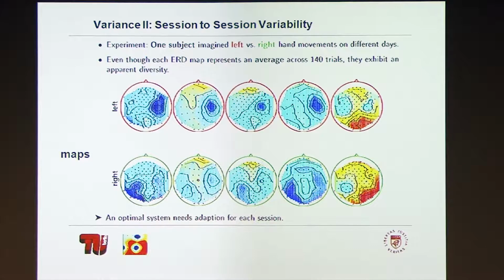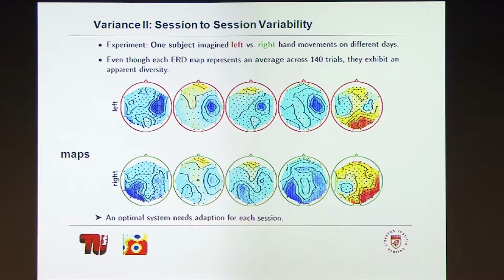That's on average. On another day, it looks like this, and then some week later and some month later, it looks a bit different from day to day. Of course, this is well in line with our experience about our brains. We're not always in the same state in the morning. So we have to deal with that.